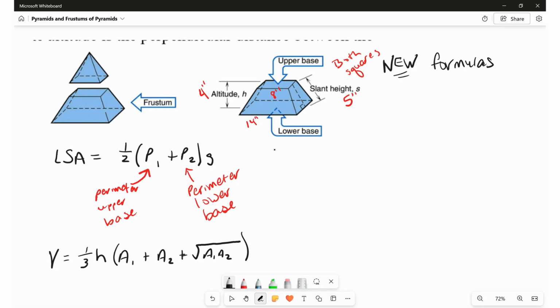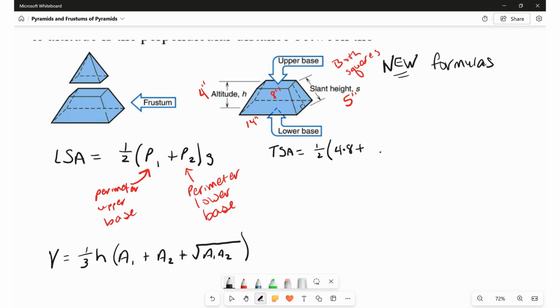Now we looked at lateral surface area, but remember, to find total surface area, we're just going to add the area of the upper base and the area of the lower base. So we're going to have 1/2. The perimeter of the upper base is going to be 4 times 8.